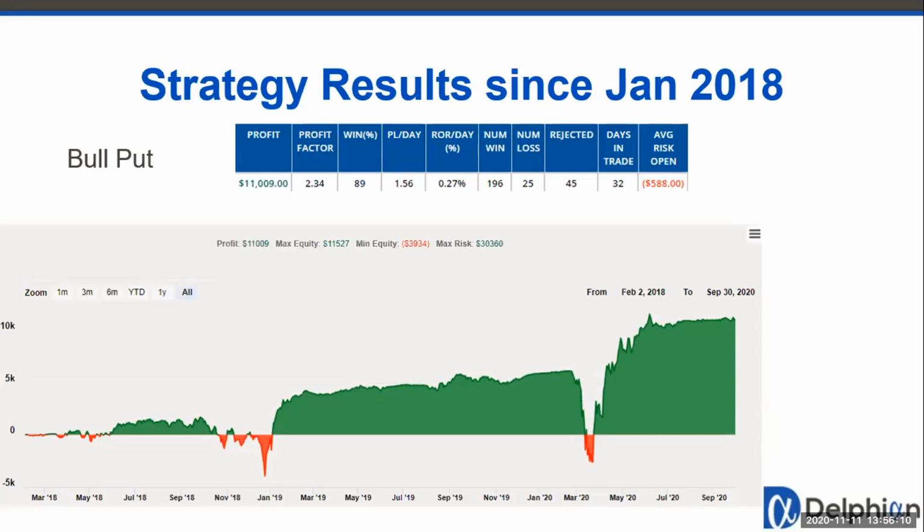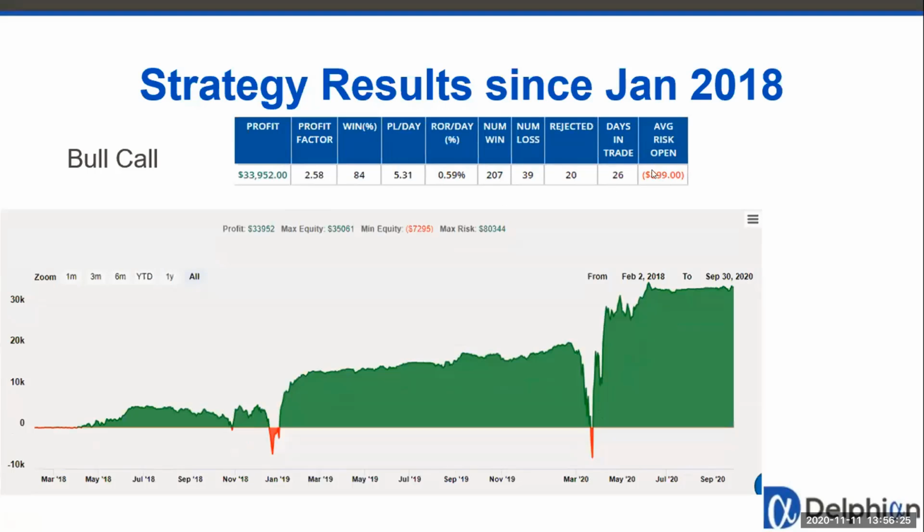Similar with the bull puts. But overall 89% win rate. Pretty decent profit factor. You're risking 588. You made 11,000 in 2 years on this. Here you're risking 900, 84% win rate. So still overall good.